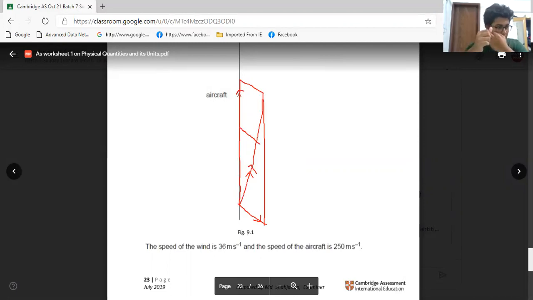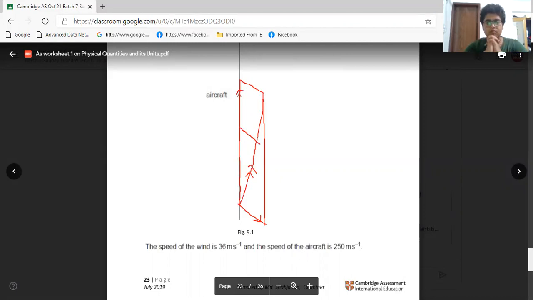36 meter per second. If you consider this one as 2 centimeter, then 1 centimeter is how much? 18 meter per second, right? So 36 divided by 2.